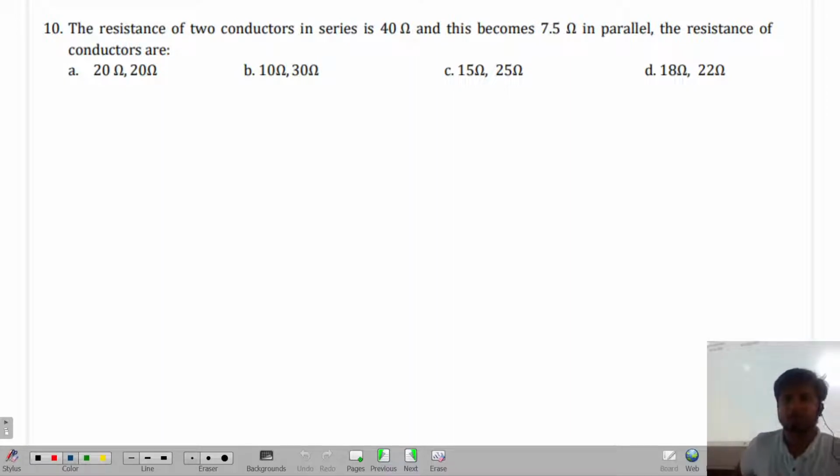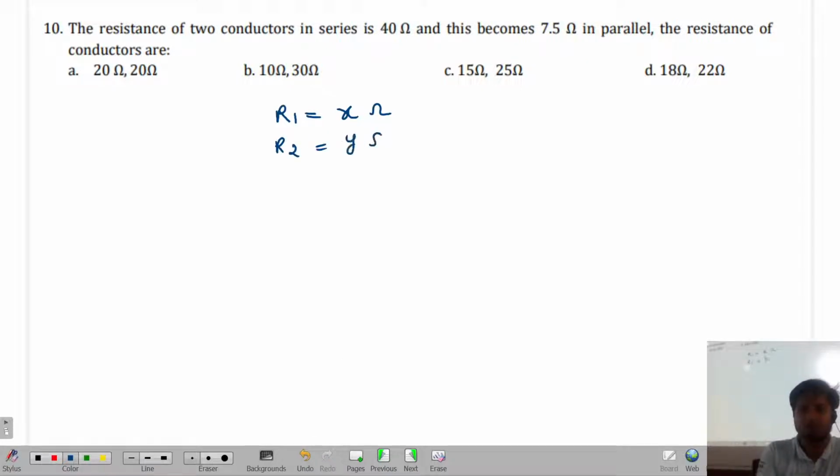The resistance of two conductors in series is 40 ohm and in parallel is 7.5 ohm. Find the resistance of the conductors. So consider one resistance to be X ohm, so R1 is equal to X and R2 is equal to Y. X plus Y is equal to 40, so Y is 40 minus X. When X and Y are connected in parallel, it is 7.5 ohm.